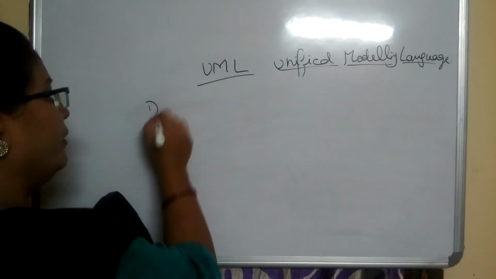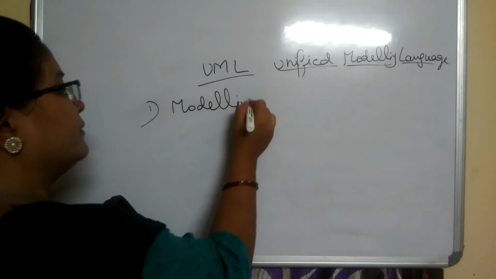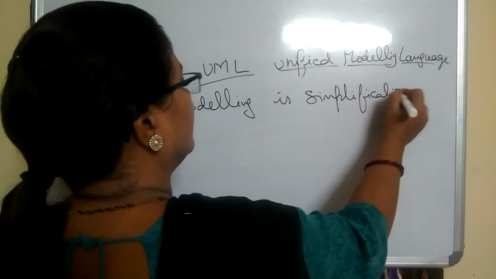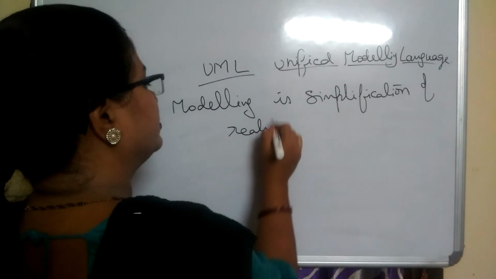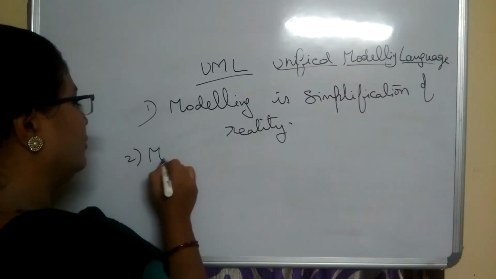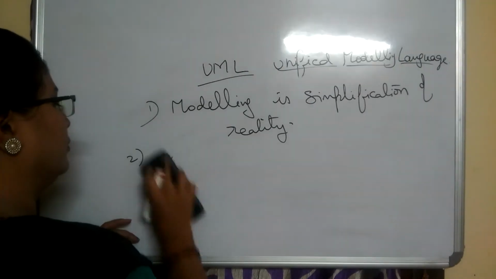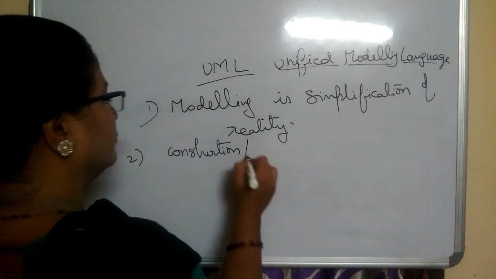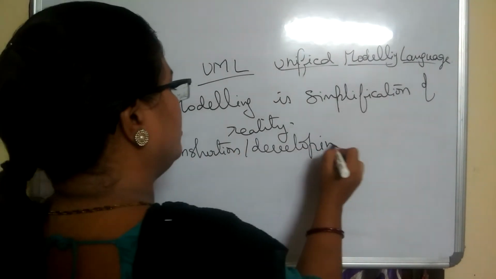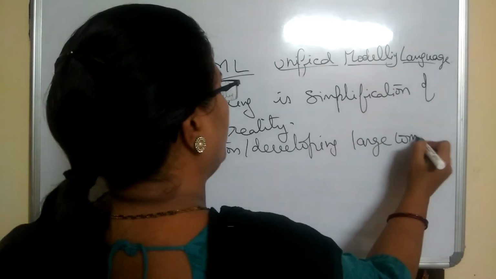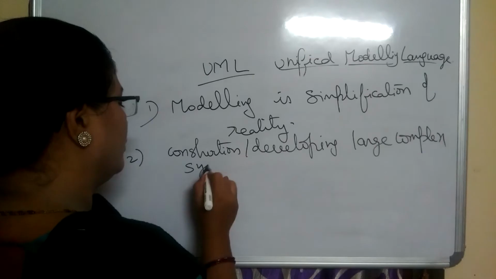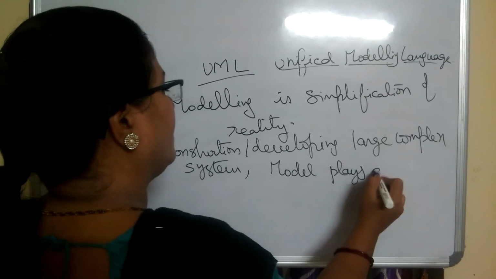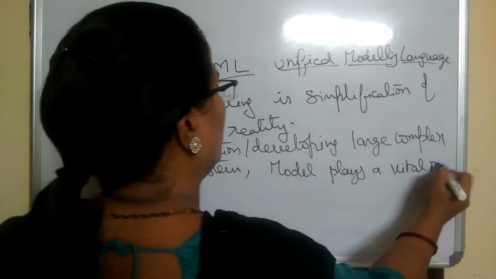In the importance of modeling, we see modeling is defined as a simplification of reality. And the second one, in construction or developing large complex systems, model plays a vital role.